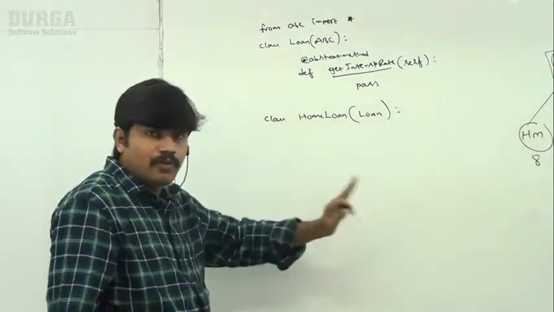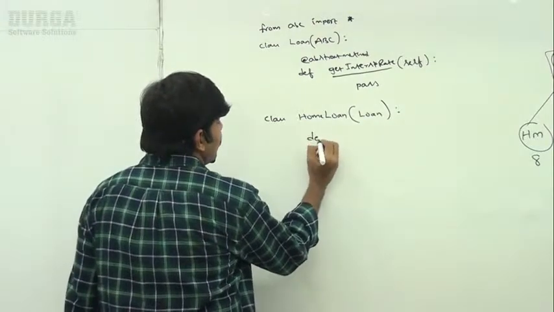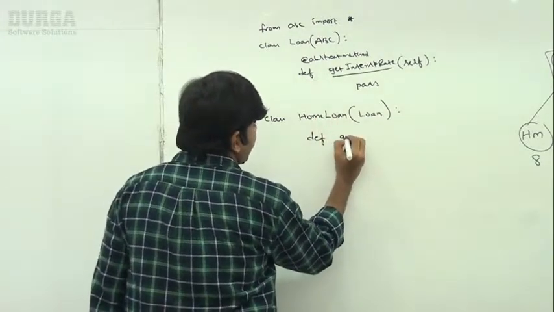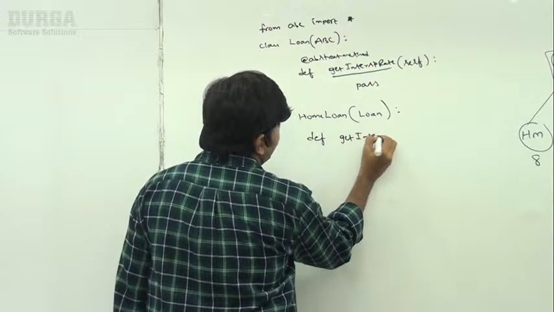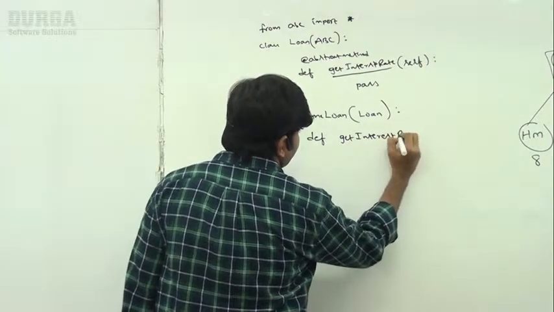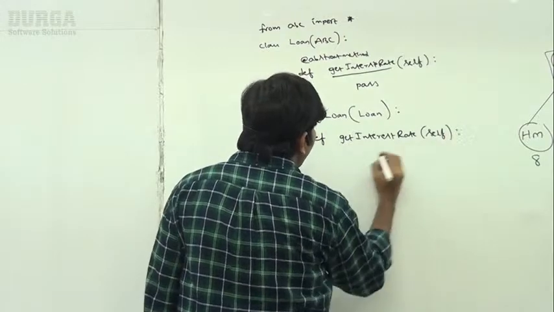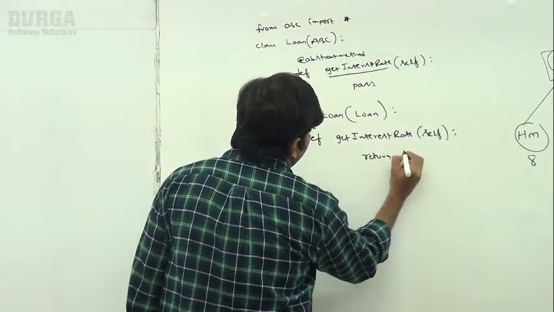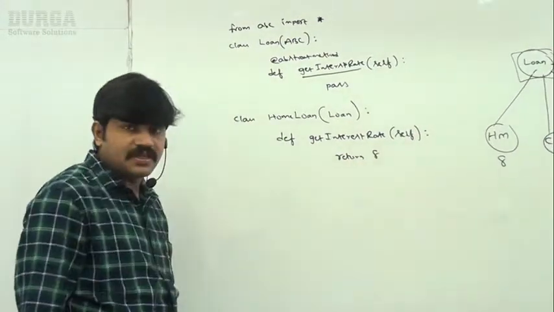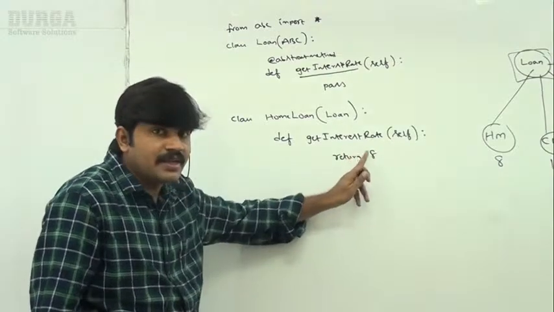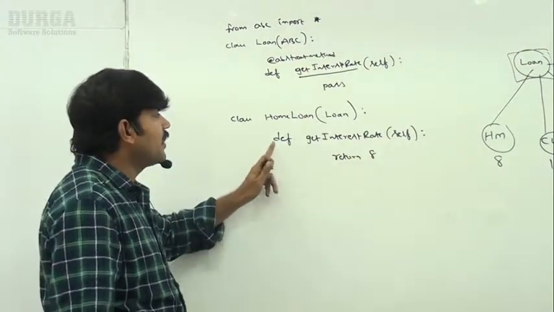Class HomeLoan of Loan. Now this class overrides the method get_interest_rate of self. If it is a home loan, what do I have to return? 8. 8% is the home loan.